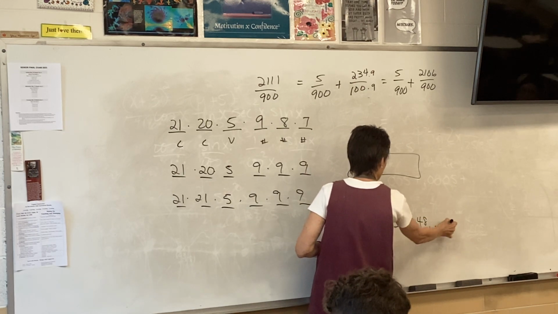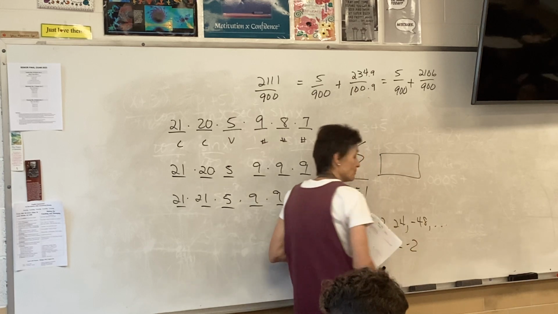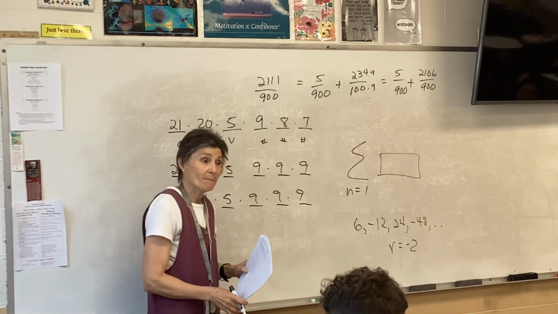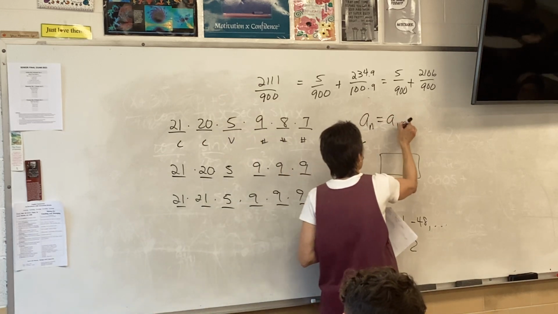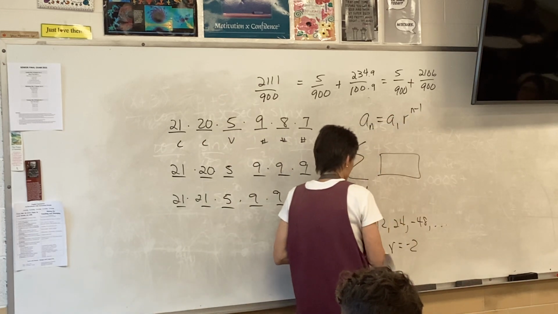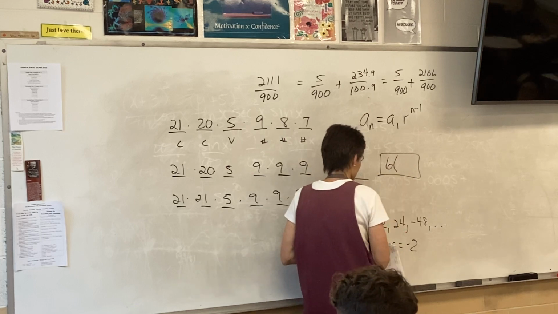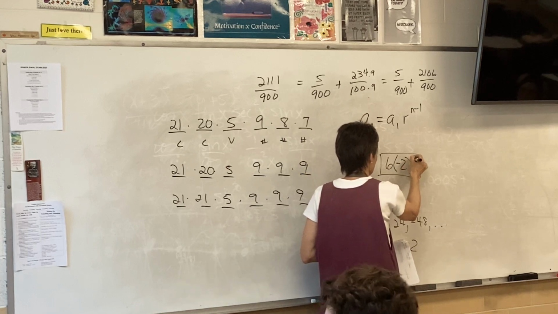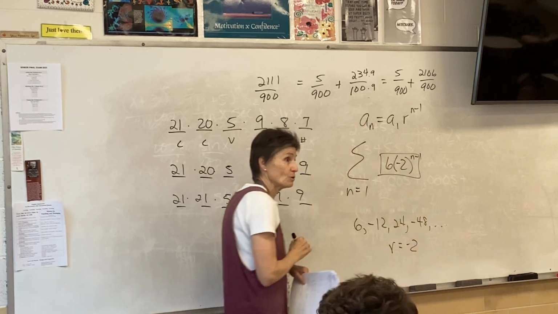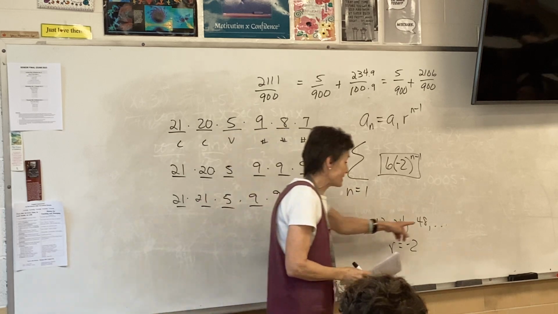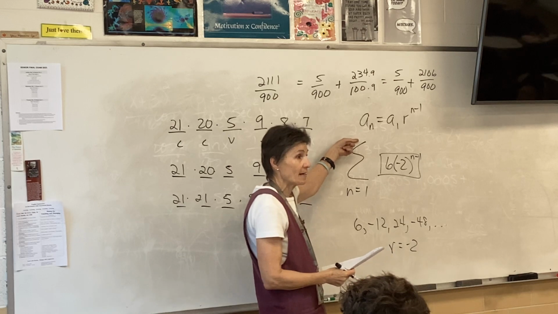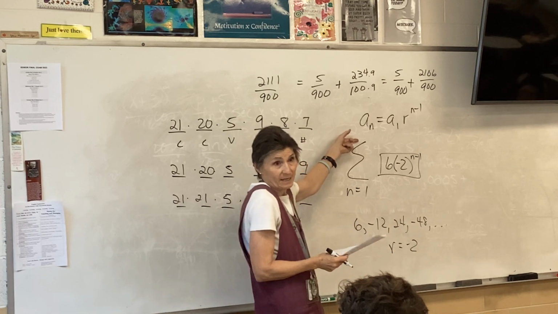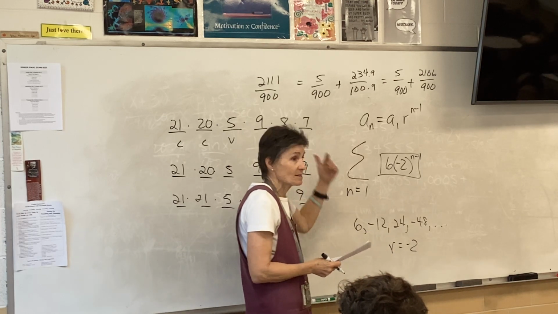We're multiplying by -2, so it's geometric, and the geometric formula is this. So my first term is 6, my ratio is -2 to the n minus first, and since the sequence goes on forever and ever, there's no end to it, I'm just going to leave that empty, or put an infinity up there, whatever you want, and that's the answer.